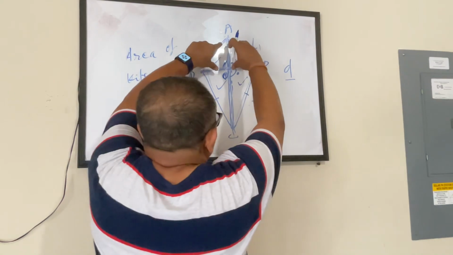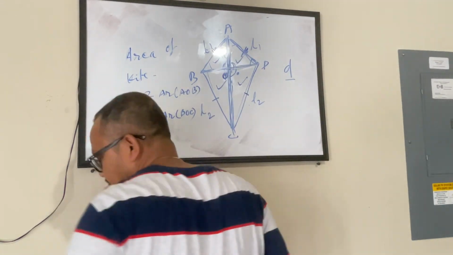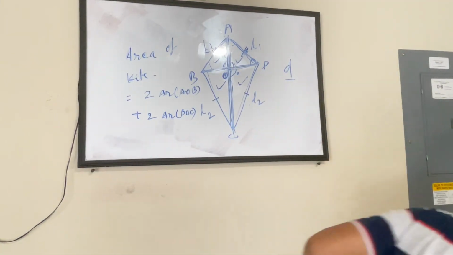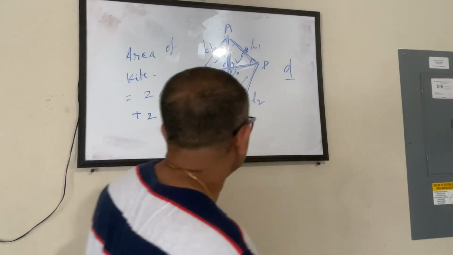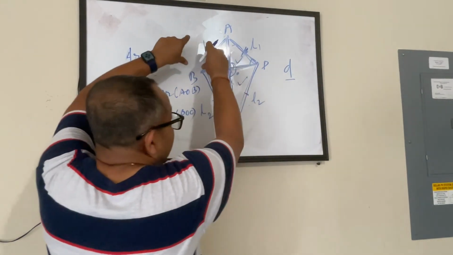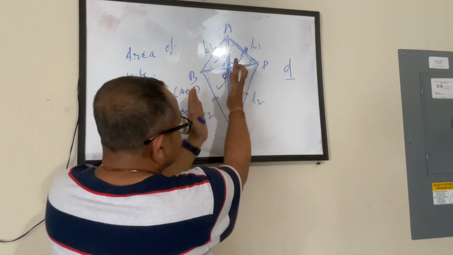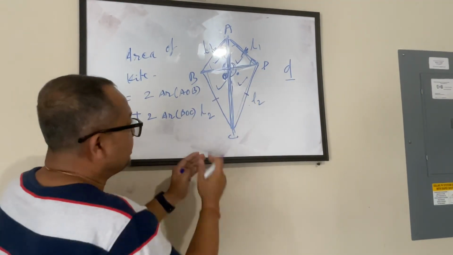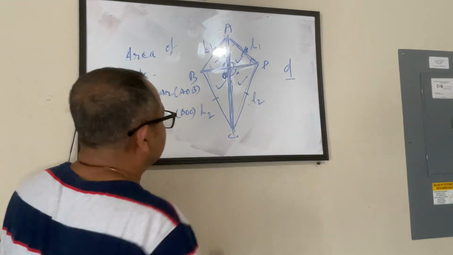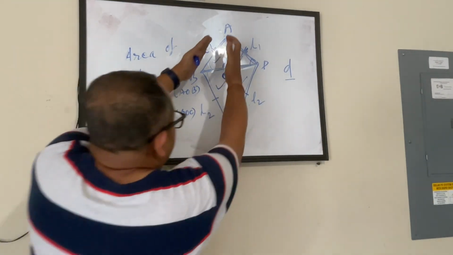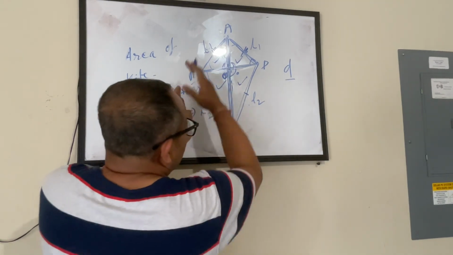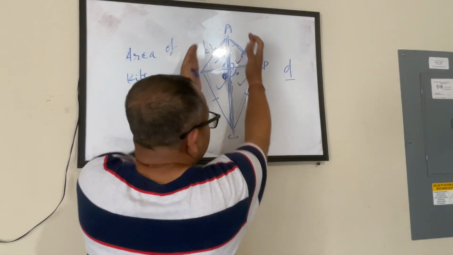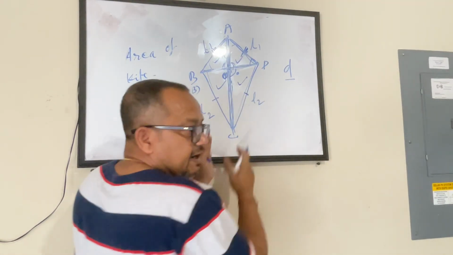So this area and this area are same. Similarly, this triangle and this triangle are also congruent. So this area and this area are the same. So basically what I am saying is, if I find out this area, meaning this triangle's area, and multiply that by 2, I will get the area of a kite.